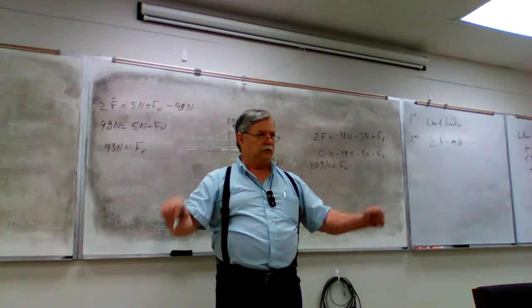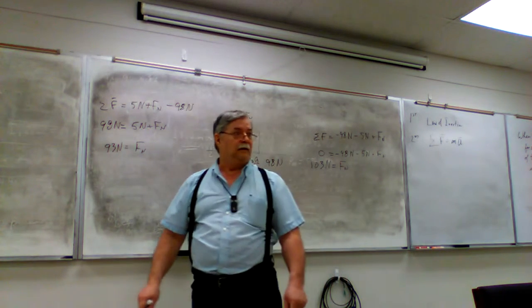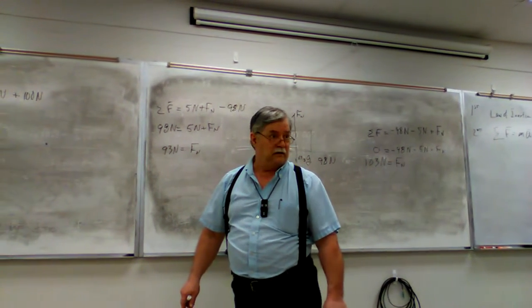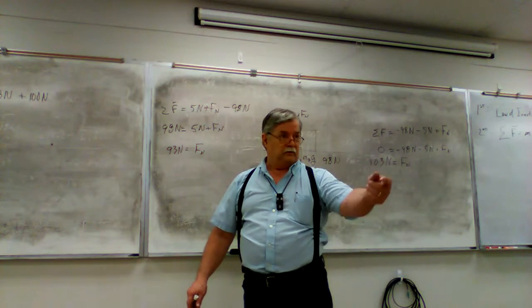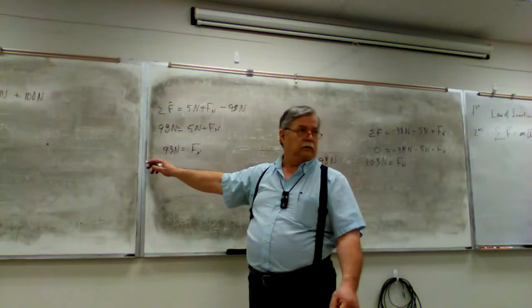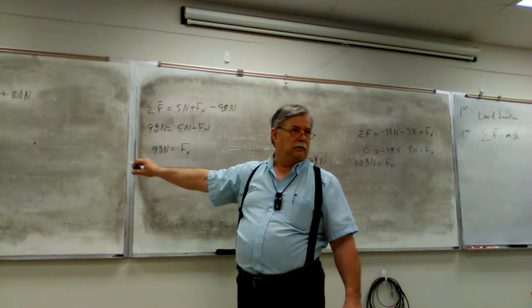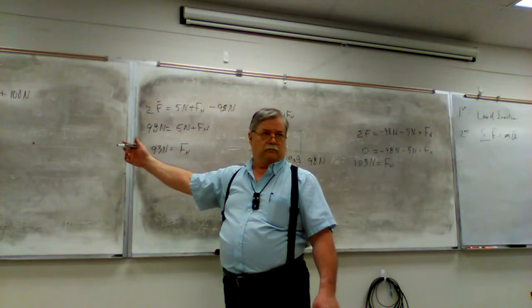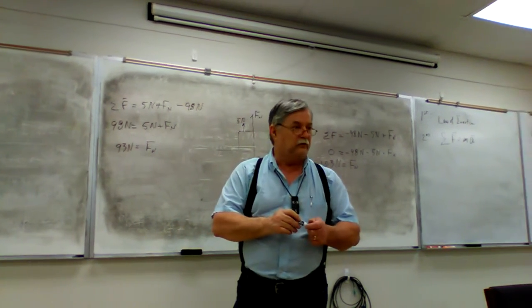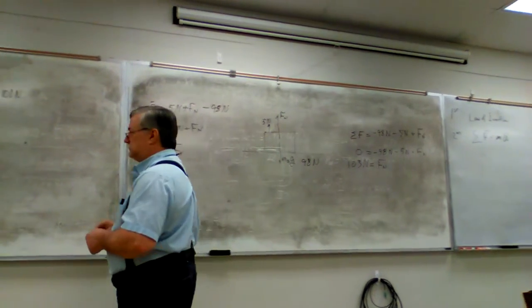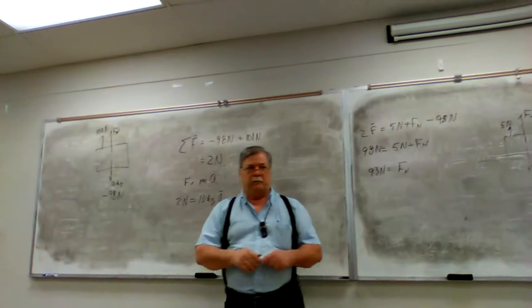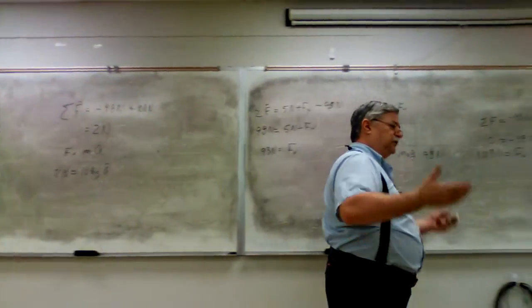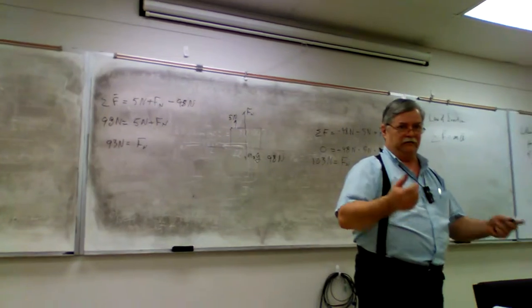Look at me doing arithmetic in my head. Kilograms, meters per second squared. Yeah, 0.2 meters per second squared. That's how much acceleration the box will experience when we lift it.